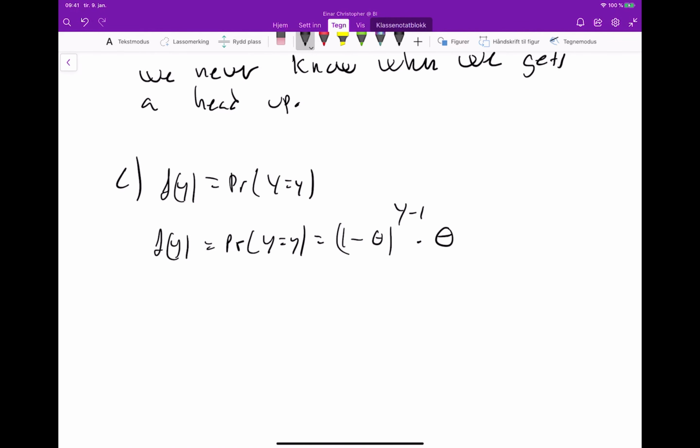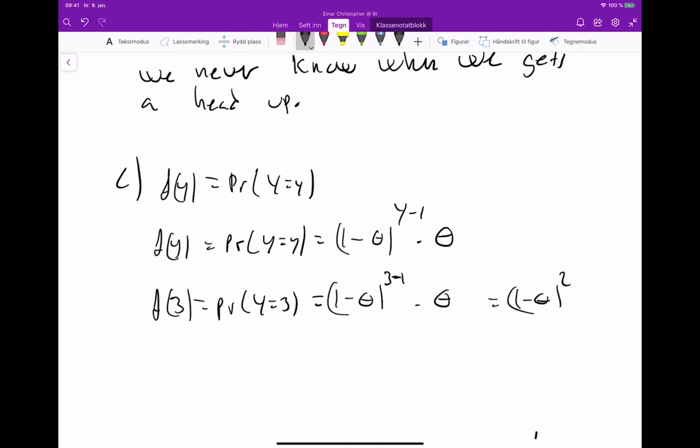Let's check that this is correct. Let's now do f of 3, probability of y equal 3. That's 1 minus theta to the power 3 minus 1 times theta, which is equal to 1 minus theta to the power of 2 times theta, which was what we found just a few seconds ago.